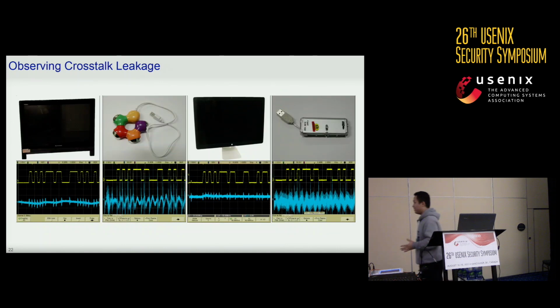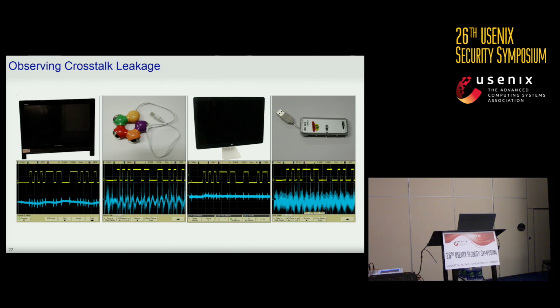You may be wondering how often the power line crosstalk leakage happens. Again, we tested dozens of USB hubs. There are 4 examples, including external USB hubs and internal USB hubs in brand name computers. As you can see, the top yellow curve is the digital traffic between the USB keyboard and the host machine.